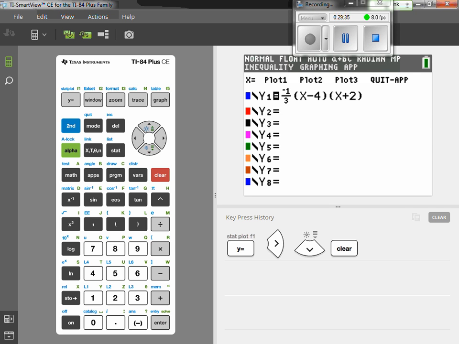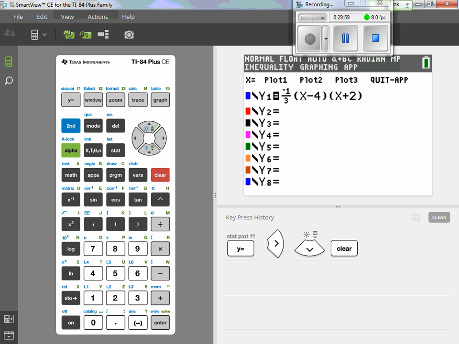So alpha y equals enter. Yeah, I got the same thing. Hit zoom. Hit 6.